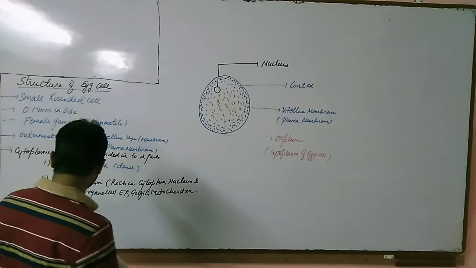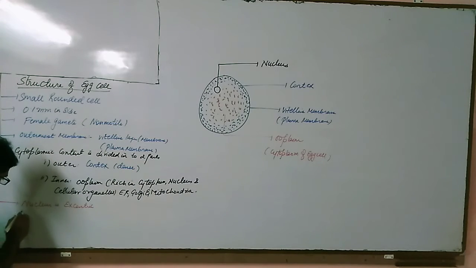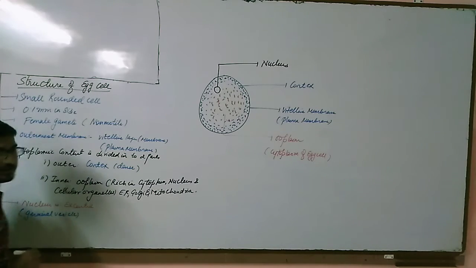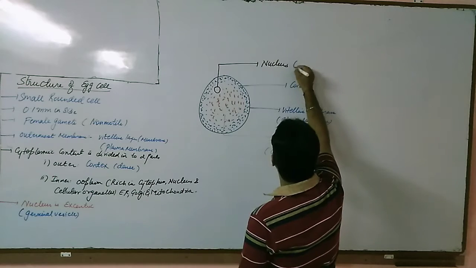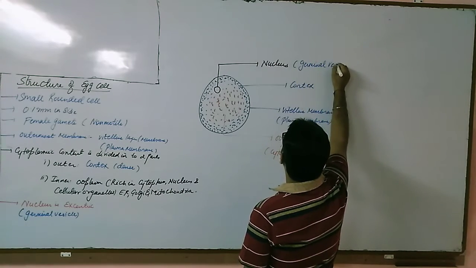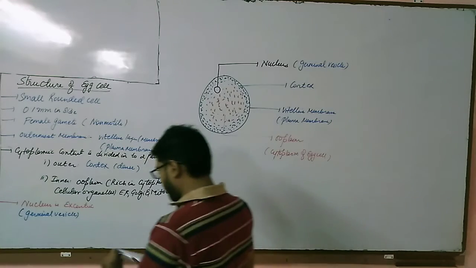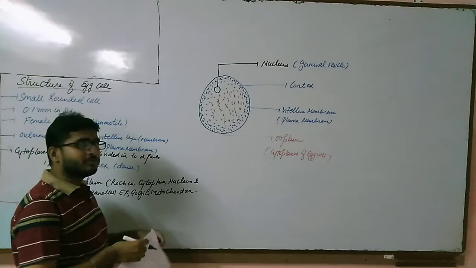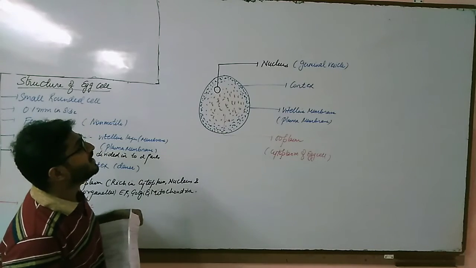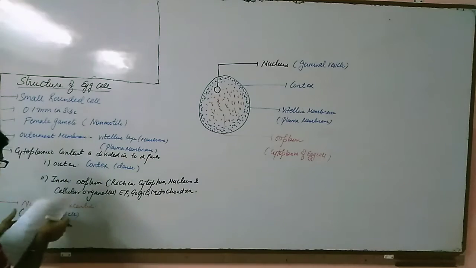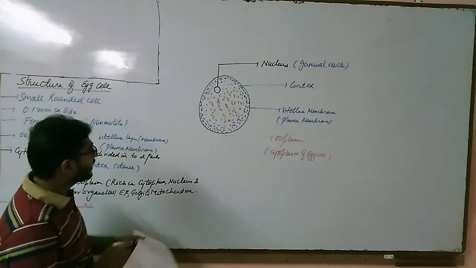So either you can say nucleus or you can also say germinal vesicle. So let us write either nucleus or germinal vesicle. Now when this nucleus is not present at the center, this divides the egg cell into two areas, right, into two polarities.